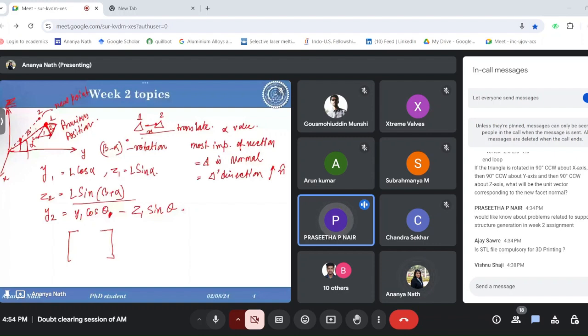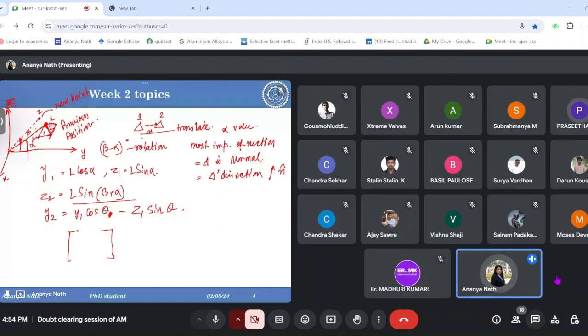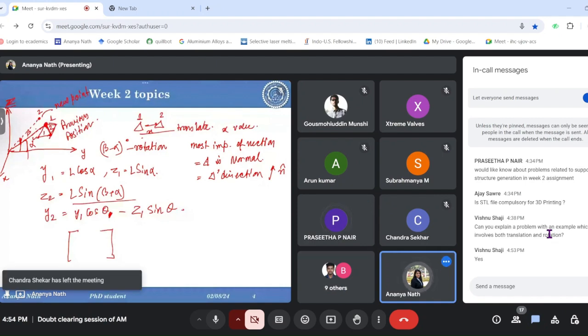Maybe you can do it and check whether the option is correct. I don't know whether I made a mistake, but if many of you have the same error, then it may be that there was some problem in the calculation. It may happen, not a big deal. Okay, so I'll do the maths. It will take me some time. In the meantime, if there is any other query other than doing the maths.